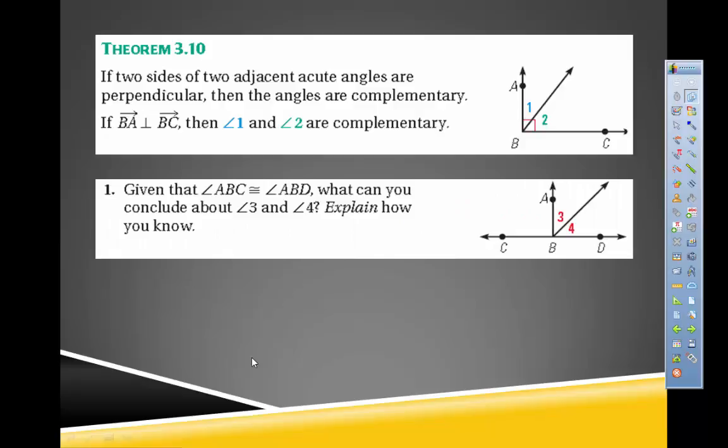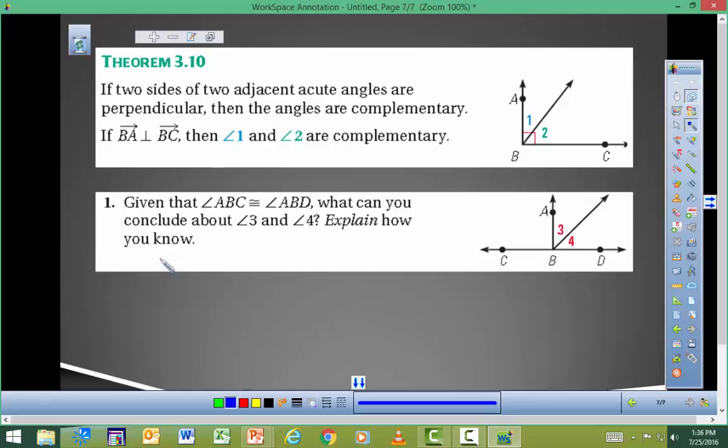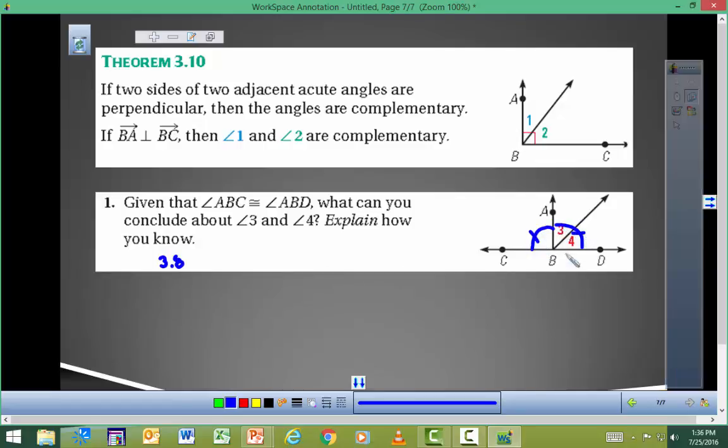So, let's see. Given that angle ABC is congruent to angle ABD, what can we conclude about angles 3 and 4? Well, according to theorem 3.8, if this angle and this angle are congruent, then the lines are perpendicular.